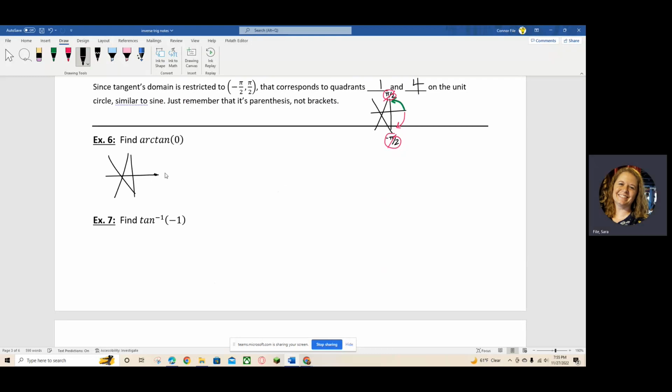Here is where tangent is 0 because the ordered pair is 1, 0. You'll remember that this is cosine, this is sine, and tangent is sine divided by cosine. So 0 divided by 1, tangent is 0 here. Okay, so this is at 0 radians or 0 degrees, is where the value will also be 0.